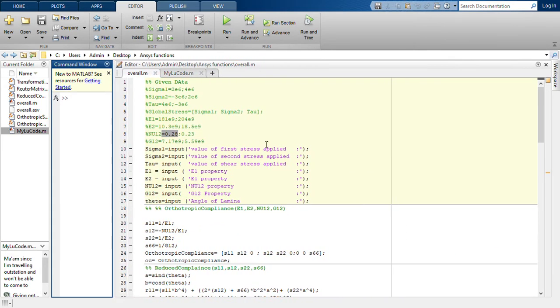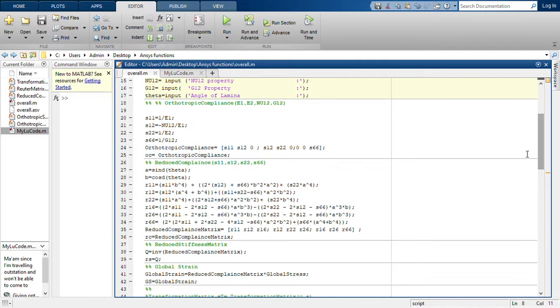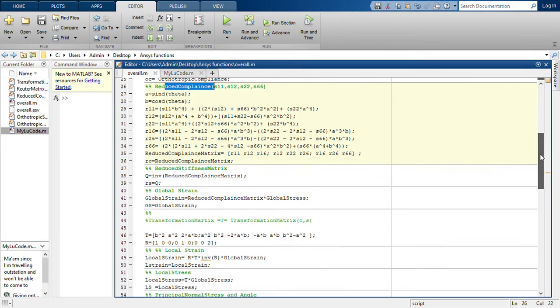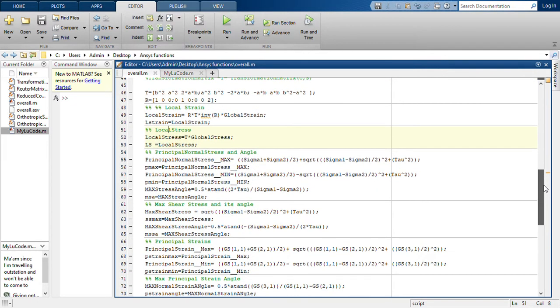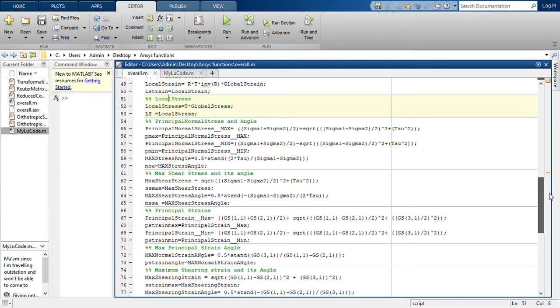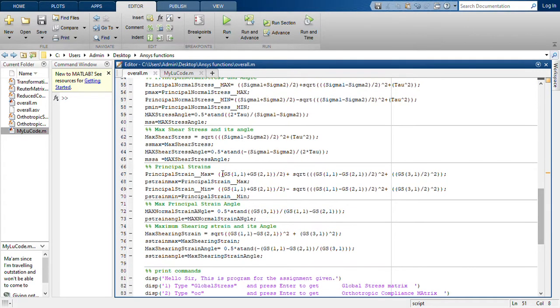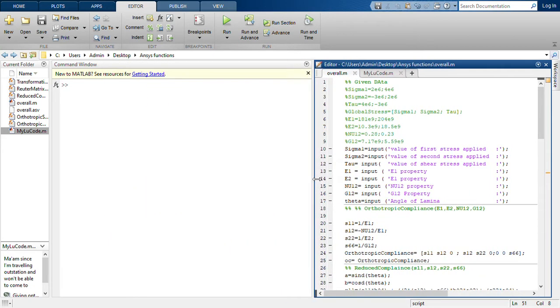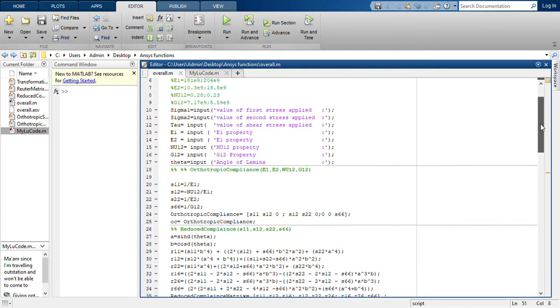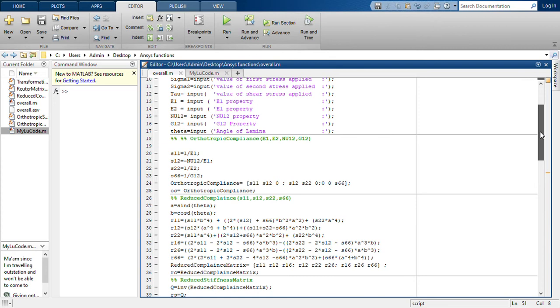We are going to calculate the orthotropic compliance matrix, reduced compliance matrix, reduced stiffness matrix, global strain, local stresses, principal normal stresses and their angle, maximum shear stresses and their angle, principal strain and its angle, and maximum shear strain and its angle. These are all the things asked in the question. If you look at the code, we haven't hardcoded any values.